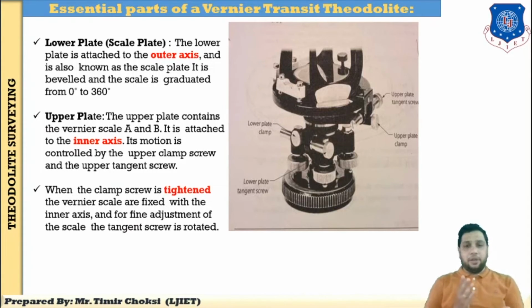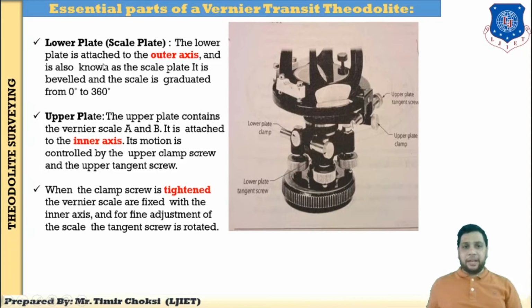Now this is the most important essential part for finding the horizontal angle and vertical angle. After leveling is done using the foot screws, the essential parts at work are the lower plate and upper plate, the lower clamp screw, lower tension screw, upper clamp screw, and upper tension screw. The lower plate is also known as the scale plate.